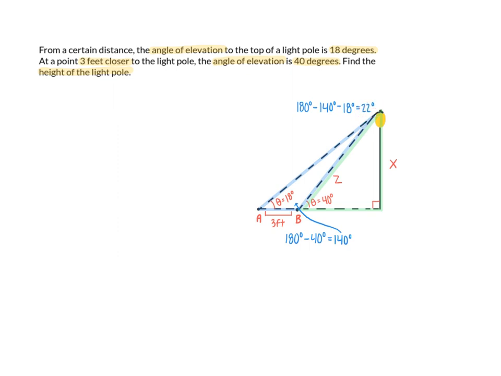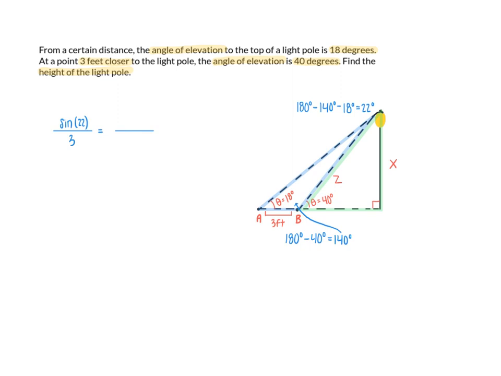According to the law of sine, sine of 22 degrees over 3 is going to equal, and this is where I start adding in the information that I want. I want side length z, and I have the angle that's directly across from that, which is 18 degrees.